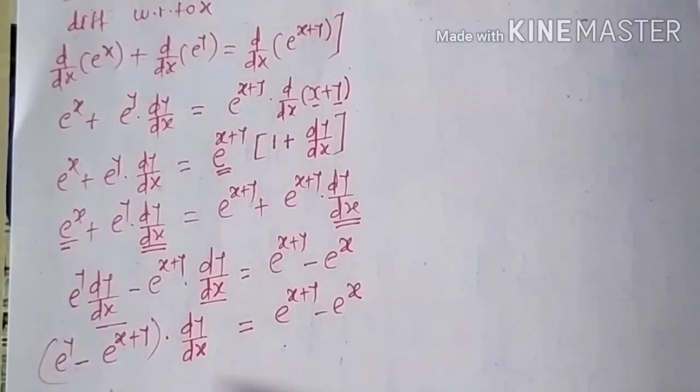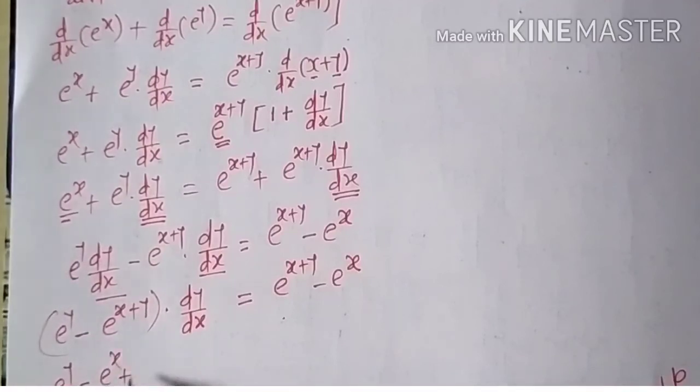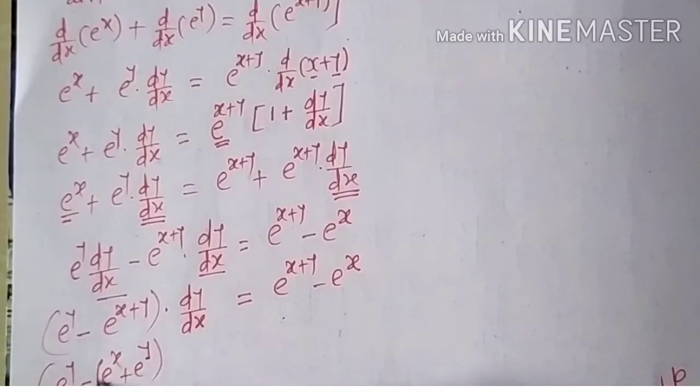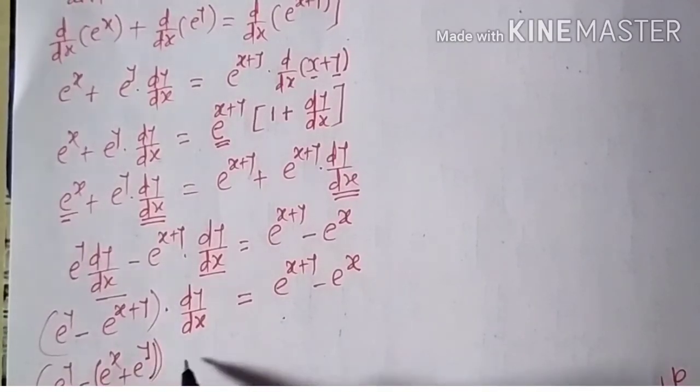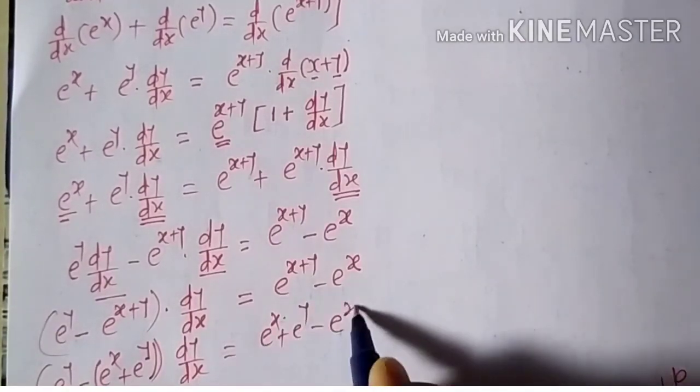So separate the e raised to x plus y term: e raised to y minus e raised to x plus e raised to y, into this minus sign which is multiplicative, into dy by dx is equal to the same thing, e raised to x plus e raised to y minus e raised to x.